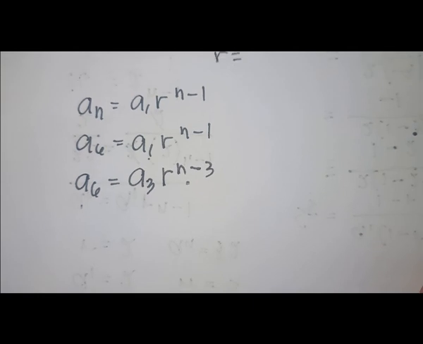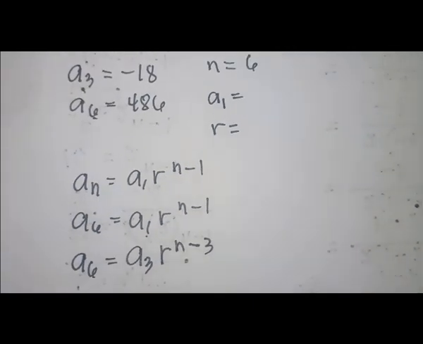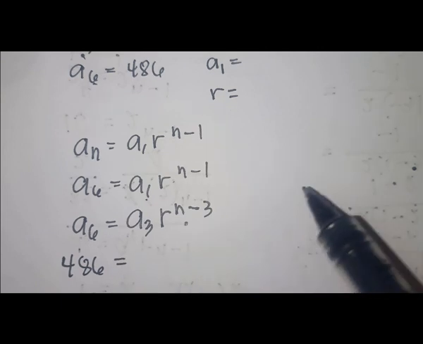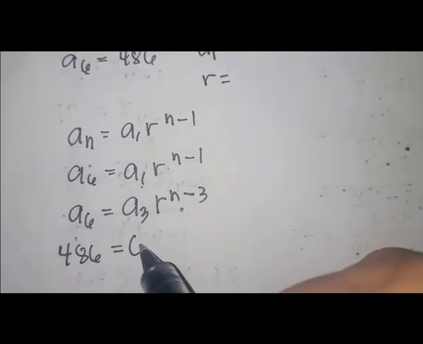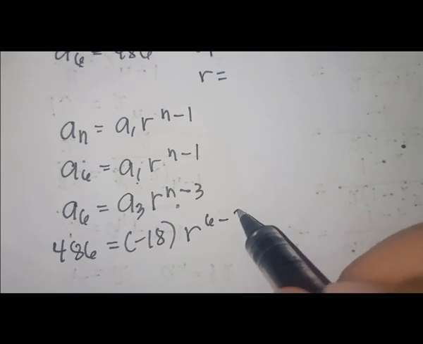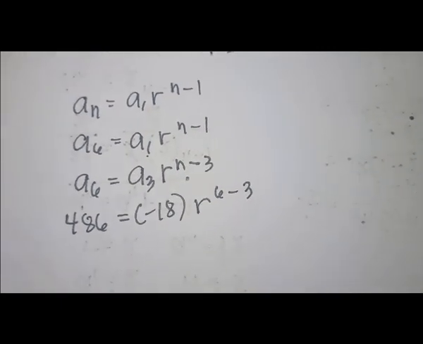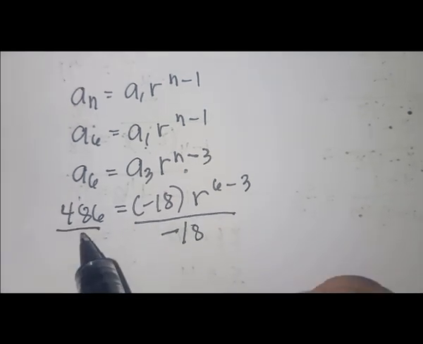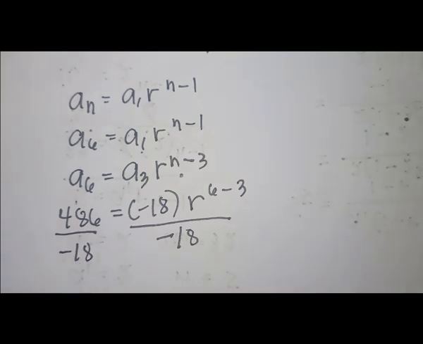So, nakaset na. Substitute na natin yung value na meron tayo, where a sub 6 is 486. Ang a sub 3 natin ay negative 18. Siyempre, wala tayong value ng r. Ang n natin ay 6 minus 3. So, tanggalin muna natin negative 18. Divide natin both sides by negative 18. Cancel natin tong negative 18.